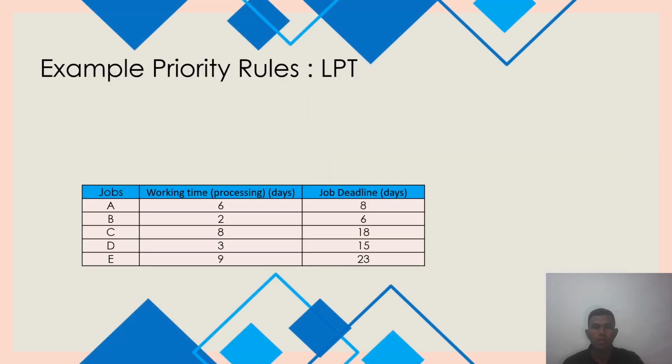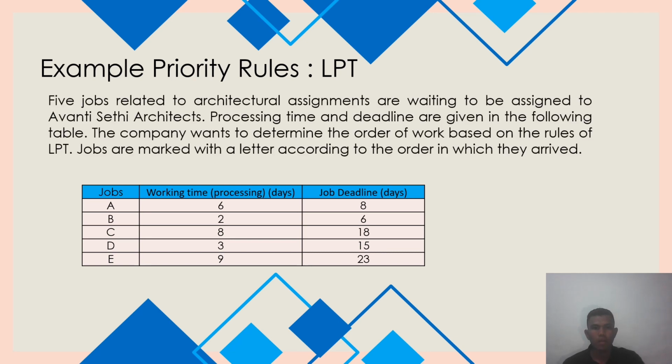Now, an example of priority rules for sequencing. Five architectural rendering jobs are waiting to be assigned at Avanti Senti Architect. Their work processing times and due dates are given in the following table.